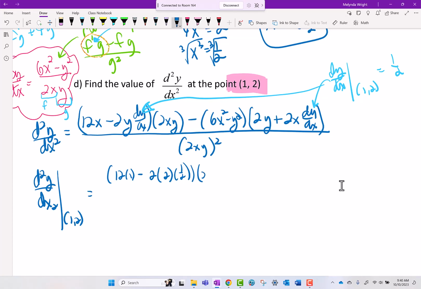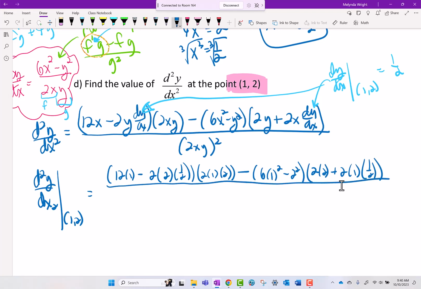Then I've got 2 times 1 times 2 minus 6 times 1 squared minus 2 squared times 2 times 2 plus 2 times 1 times 1/2, all over 2 times 1 times 2 squared. That's a lot of numbers going on.